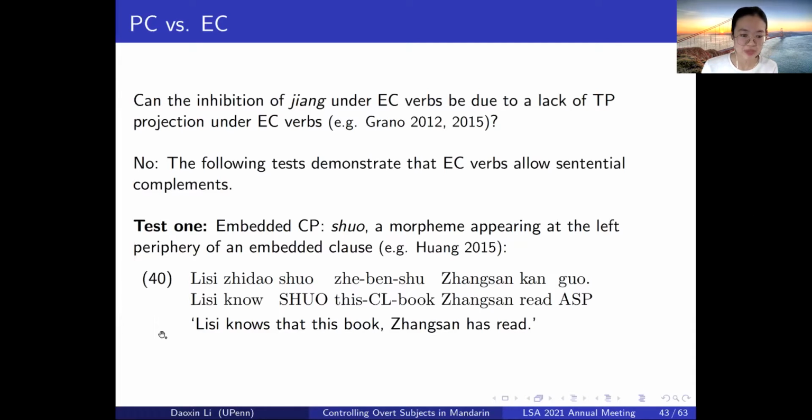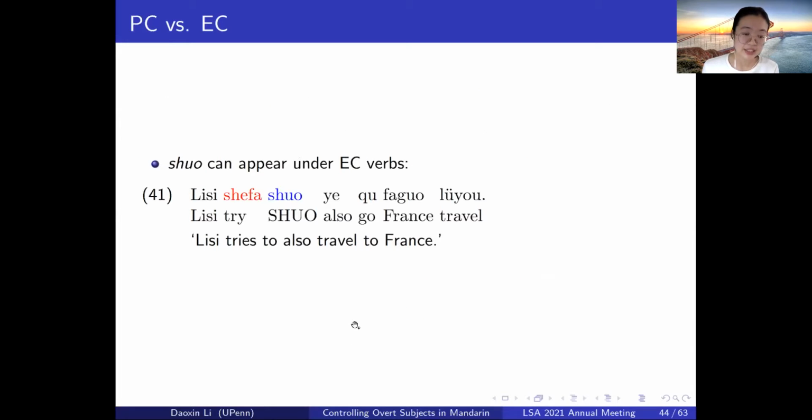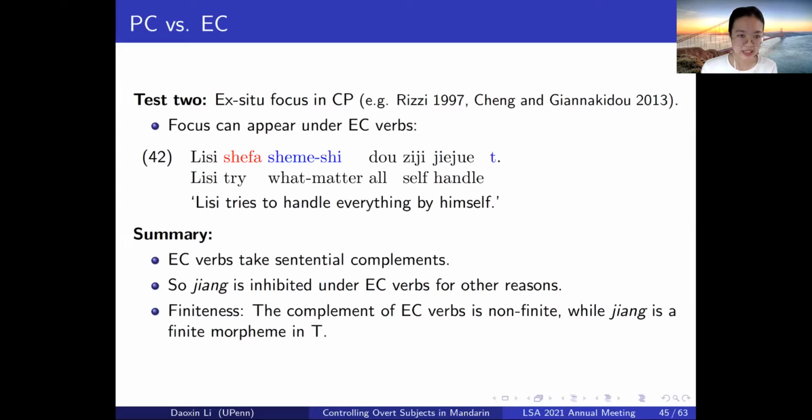As in 40, 李是 know the marker this book Johnson read. And it turned out that the marker can appear under exhaustive control verbs. It's grammatical to say 李是 try the marker also go France travel, suggesting that the verb can take a sentential complement.